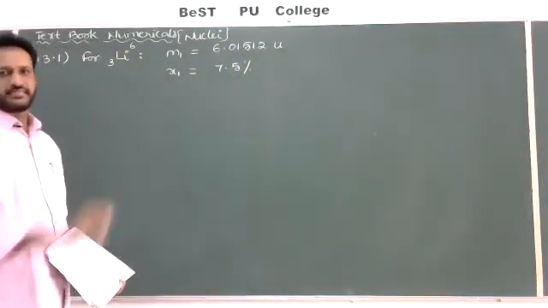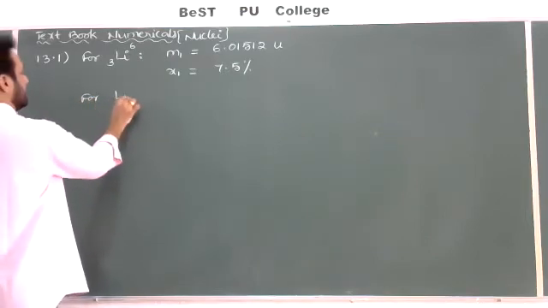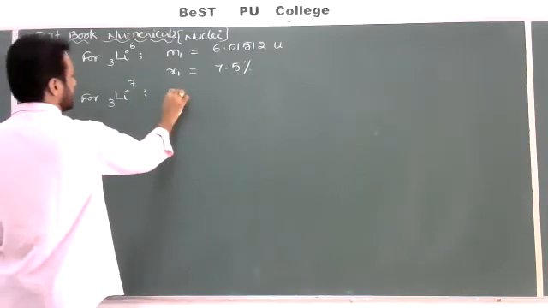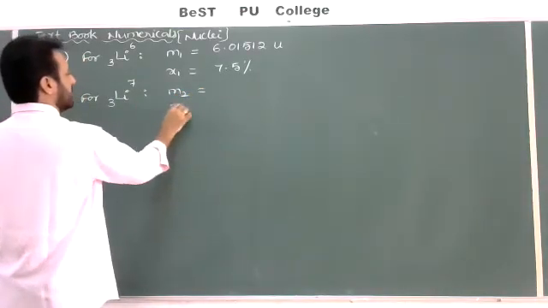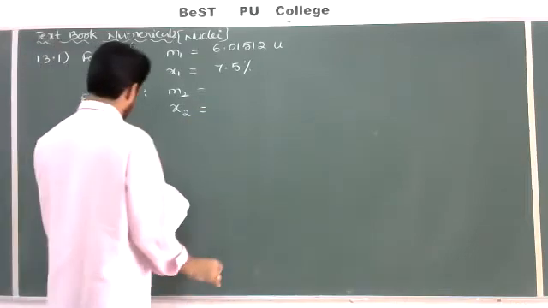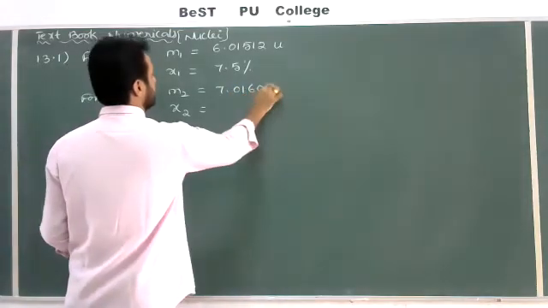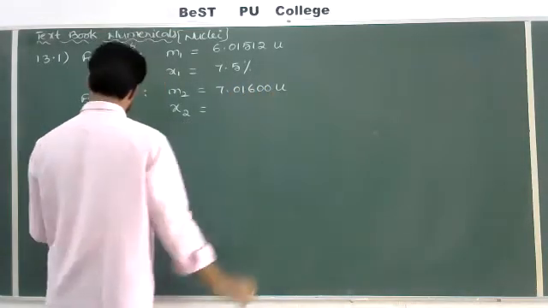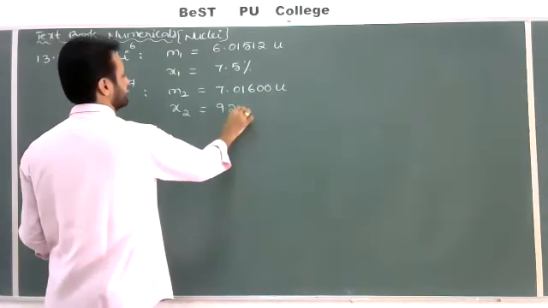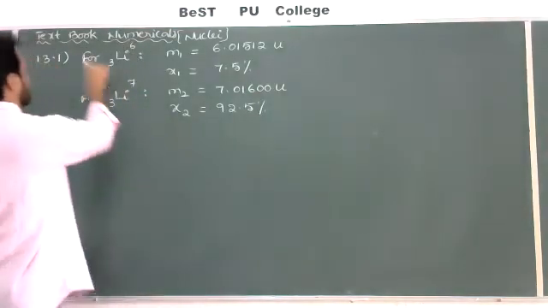That is for the first isotope. Second one, lithium 3,7. Here also mass and abundance x2 are given. Mass of this isotope is 7.01600 u and the percentage value is 92.5%. That is the first question.